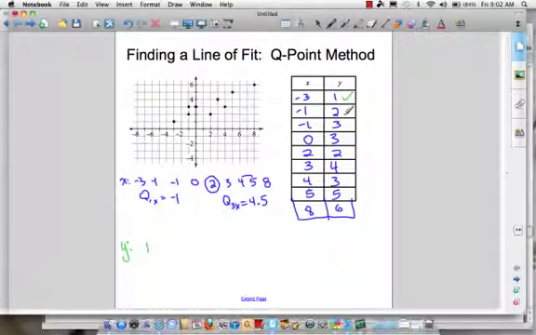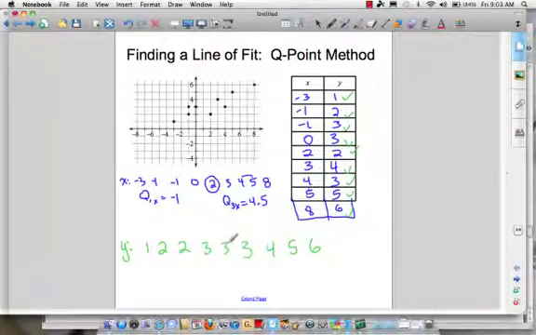And then there's 2, 2. And then 3, 3, 3. And then 4, 5, and 6. Let me just double check. There should be 9. 1, 2, 3, 4, 5, 6, 7, 8, 9.